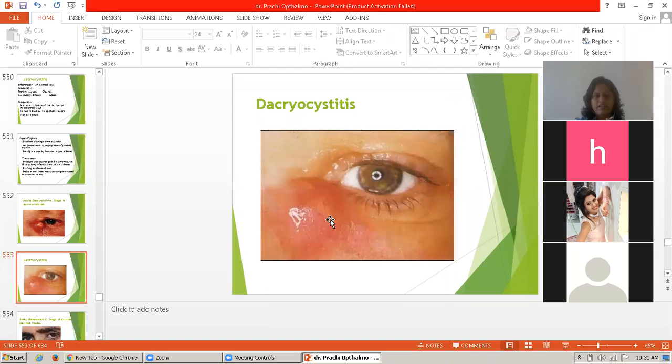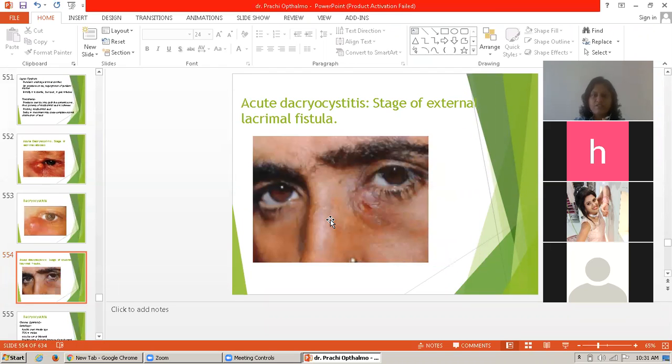This is the diagram of lacrimocystitis, and this is the stage of external lacrimal fistula in the acute episode, where an abscess may often form with perforation of the skin just below the medial palpebral ligament, leading to the formation of a lacrimal fistula.